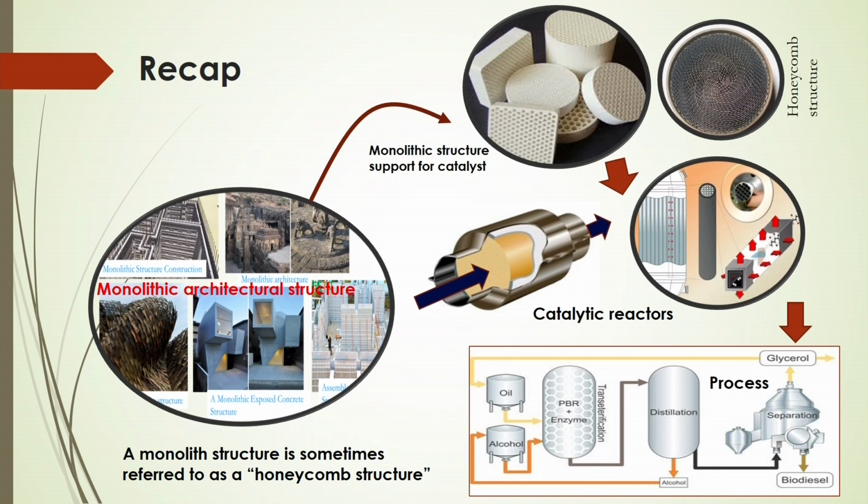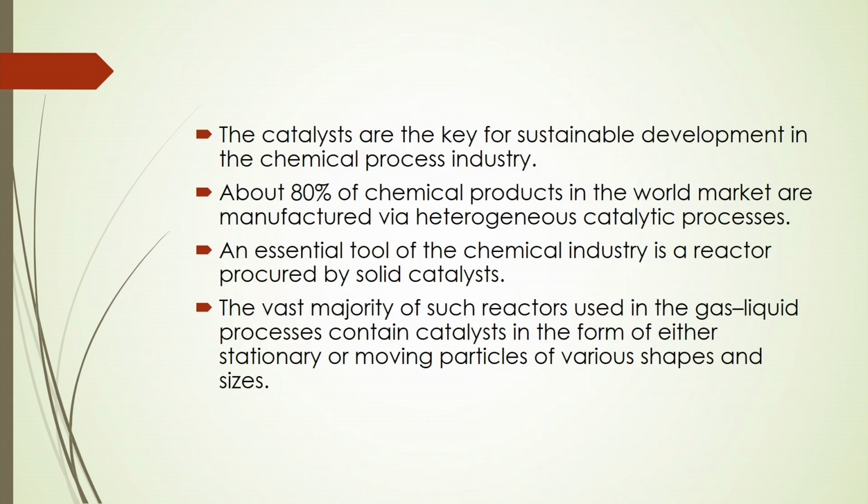Now, let us discuss several applications of monolithic structure catalyst in different chemical engineering processes. We know that catalysts are the key for sustainable development in the chemical process industry, and it is reported that about 80% of chemical products in the world market are manufactured via heterogeneous catalytic processes.